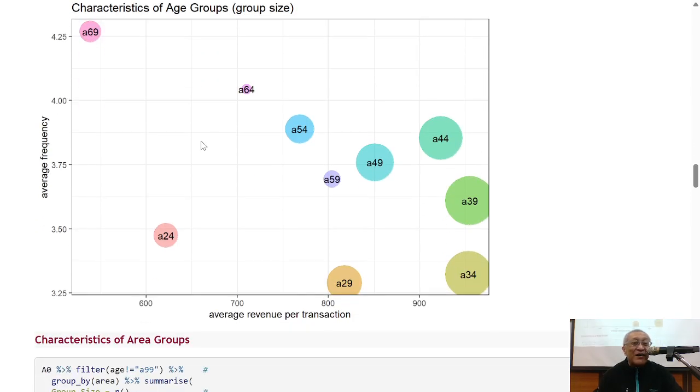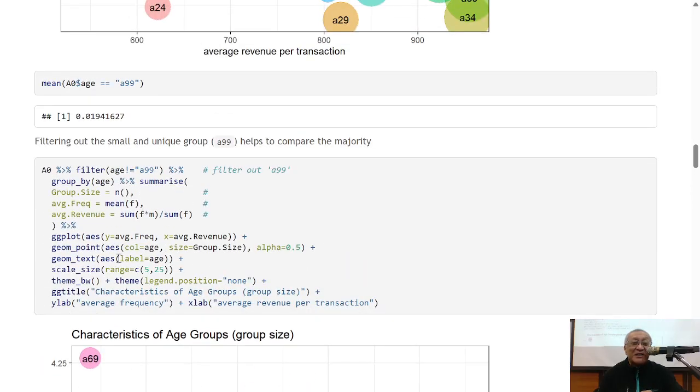For example, in the age group, you might also want to know the average profit per transaction, or average profit per customer, right? That is also very important for you, isn't it? So this is just an example to help you jumpstart your exploration, right?